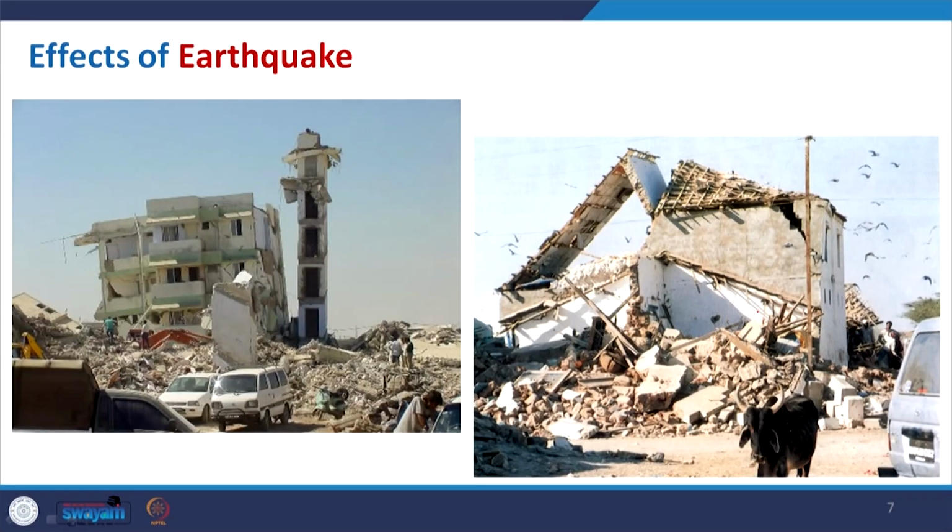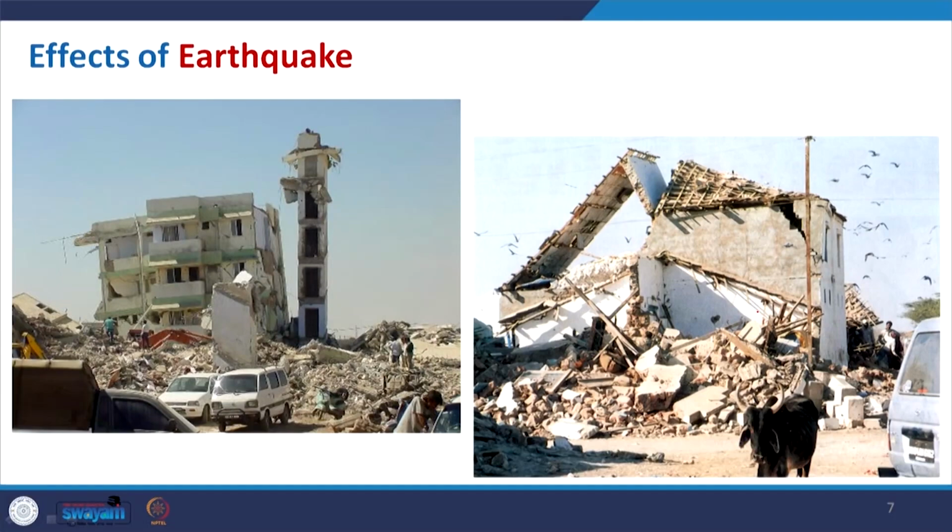Now, before getting into the different structural forms, which are recommended and which are not prescribed in different codes, let us go through some images where we can see the devastation created by earthquakes. These are randomly taken examples from the recent Nepal earthquake.